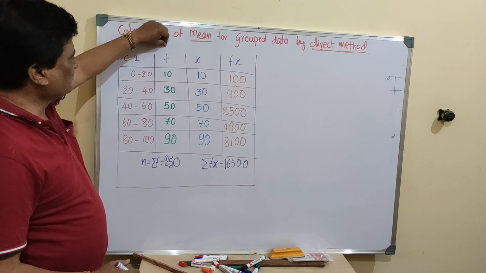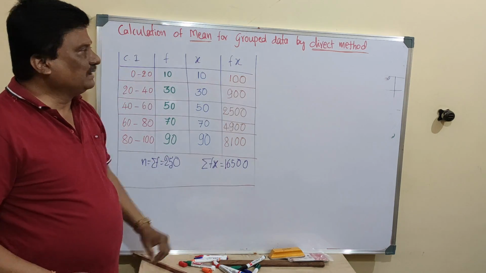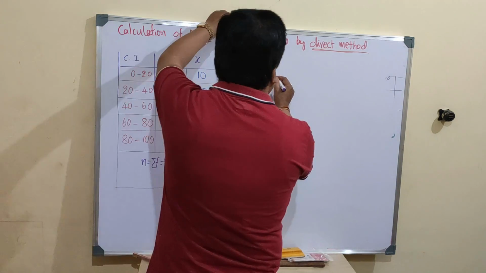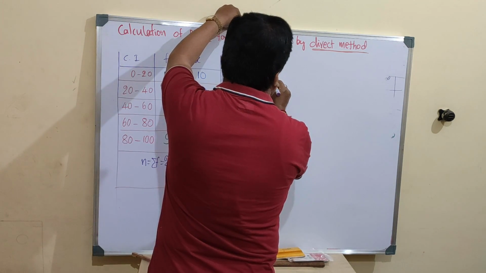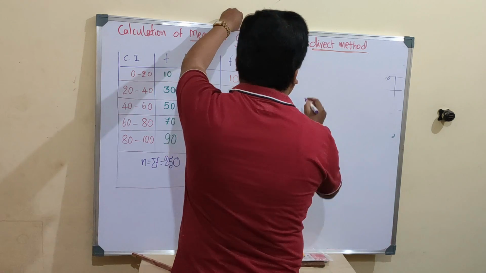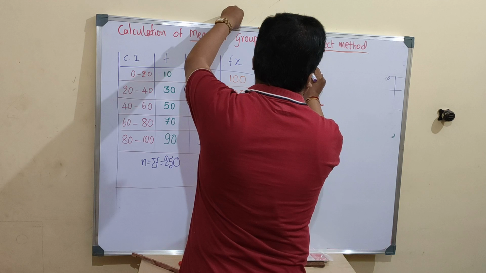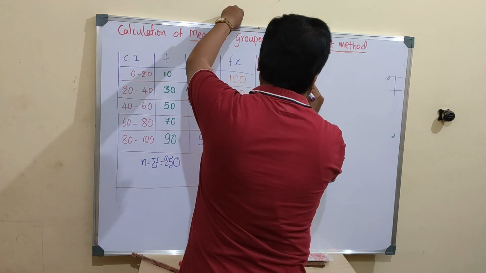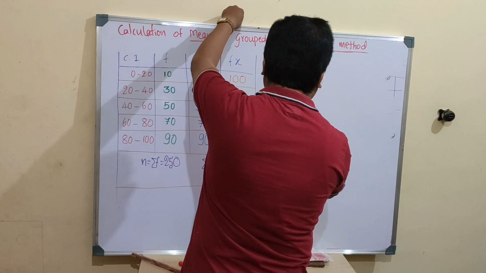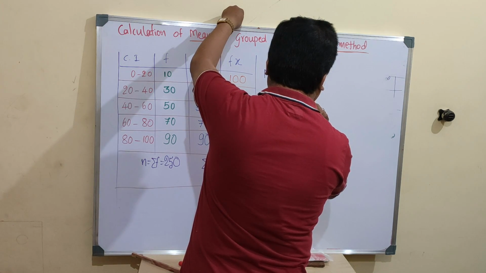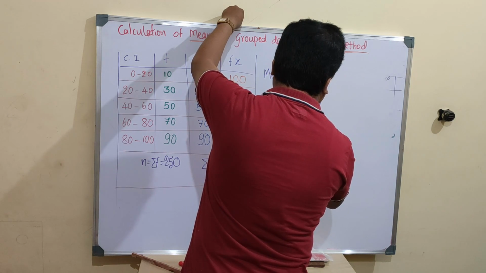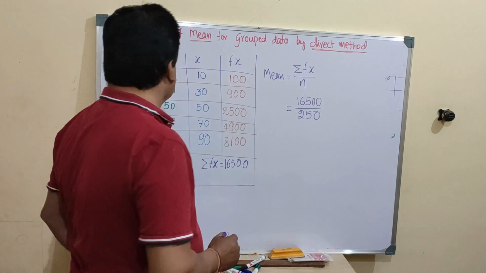Class interval, frequency, class mark, and the product of frequency and class mark. Mean is calculated by using the formula sigma fx by n. Sigma fx is 16,500 and n is 250.